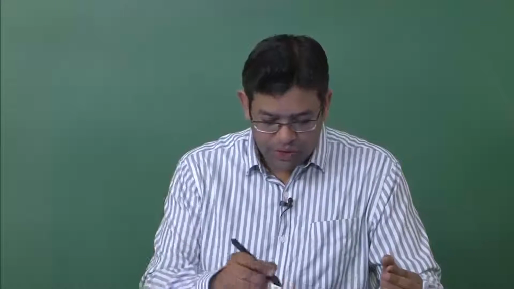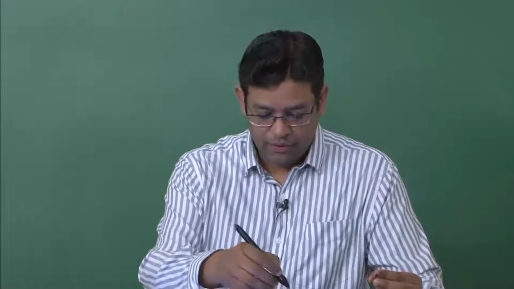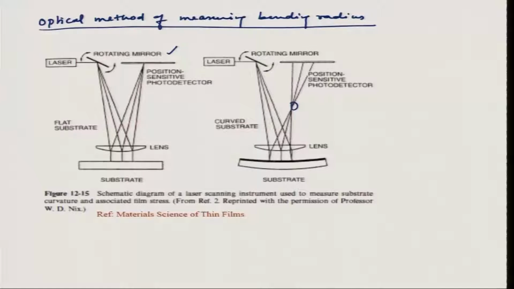You focus a laser using a lens and then you mark its position. If it is perfectly flat, you will find one fixed position, which will be the same as this laser, and by rotating this mirror you can scan the surface of the substrate.